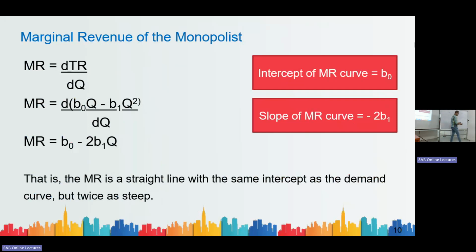This demand curve is for the entire market, because there is only one producer in the market. So the market demand curve becomes the monopolist demand curve.